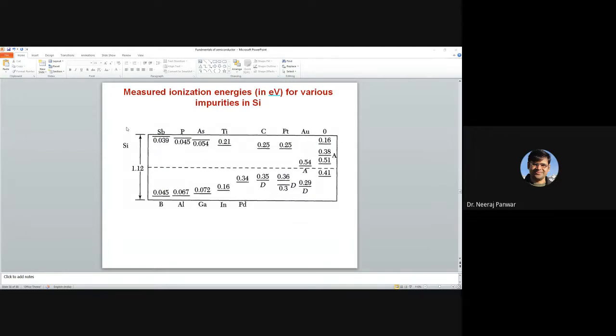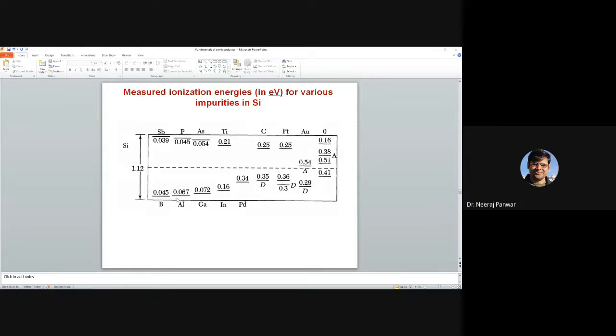On this slide, we have different impurities doped in silicon semiconductor. You can see it is silicon with band gap equal to 1.1 electron volt. If you are doping boron, aluminium, gallium, indium, palladium, the numbers over these bars represent their ionization energy in electron volt.